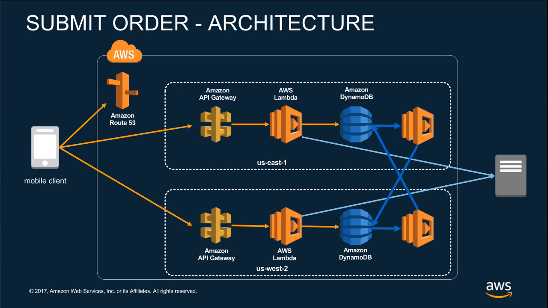This is the higher level picture where you can see that the first step is querying the DNS, Route 53, that will send us to the best possible region. After the order is created, the client will address the individual region that is the master for the order.